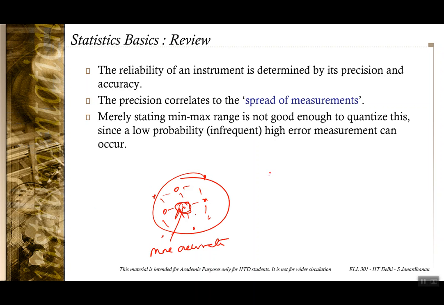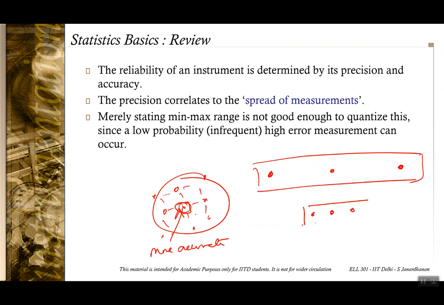Okay, now however, let us say you have two cases. One is in which there are three measurements which are spread like this, and another in which there are three measurements that are spread like this. Obviously in both of these cases you get the same mean value. However, obviously one of them is more precise than the other one.